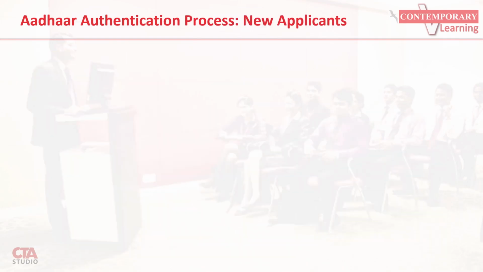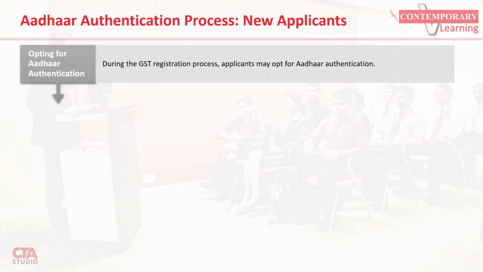Let me walk you through the Aadhaar authentication process for new applicants and its implications. Opting for Aadhaar authentication. During the GST registration process, applicants may opt for Aadhaar authentication. This is generally recommended as it speeds up the process. Authentication steps.